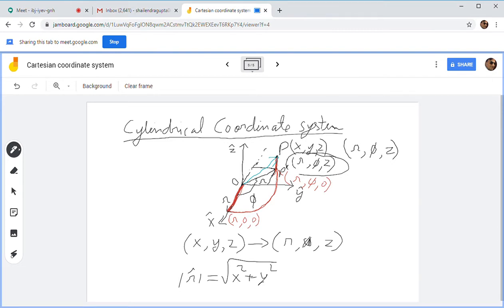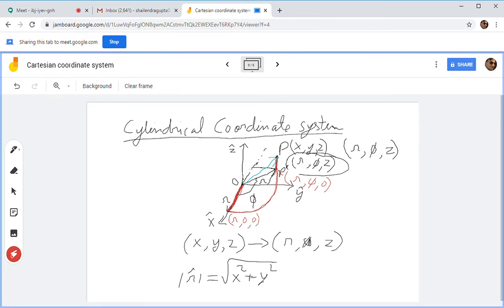Now just take your time. You can take this vector R as the sum of these two vectors. What will be the magnitude?